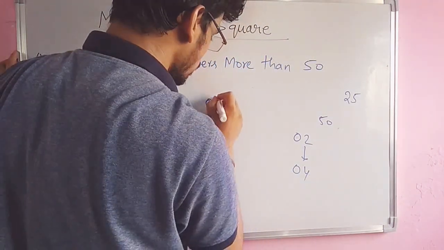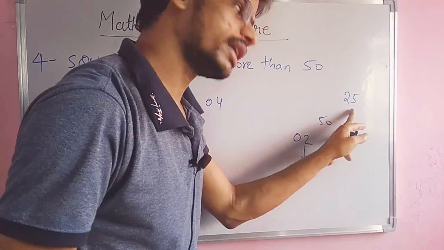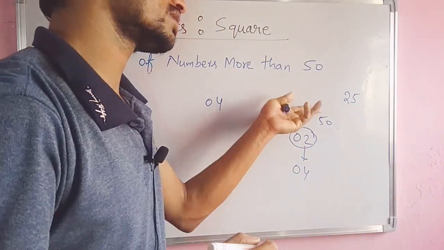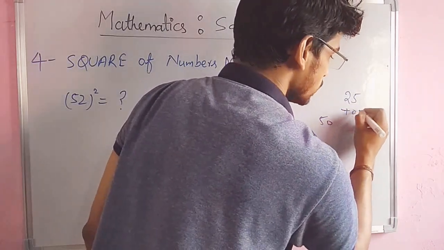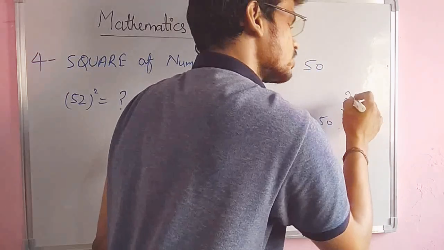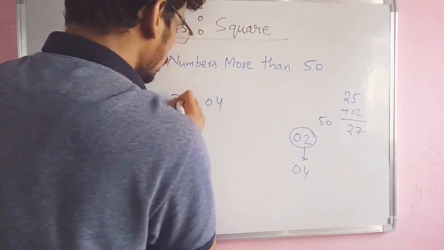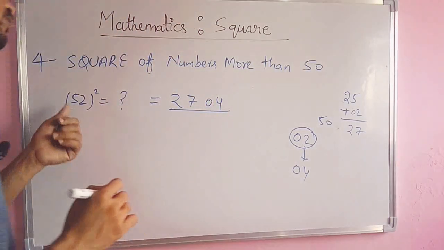Note down the 04. Next, here is the golden number 25. Add the extra value above 50 to the golden number, that is 2 plus 25, that is 27. 2704 is the calculated square of 52.